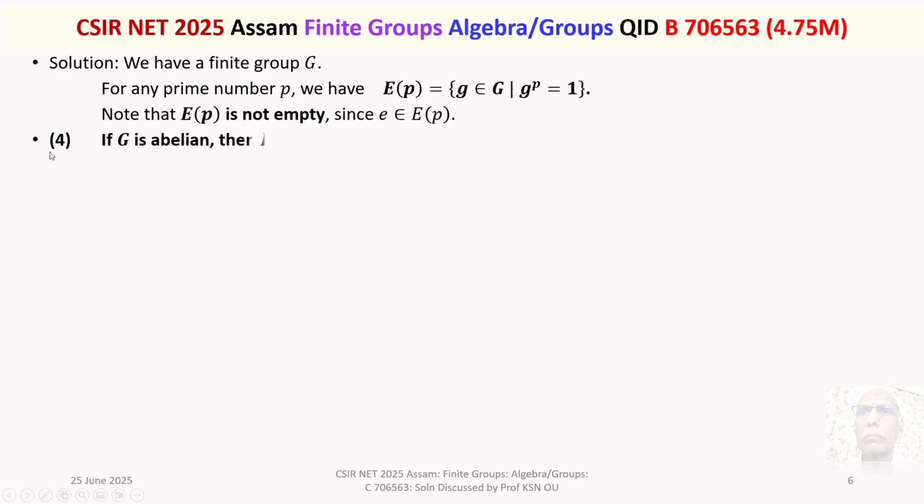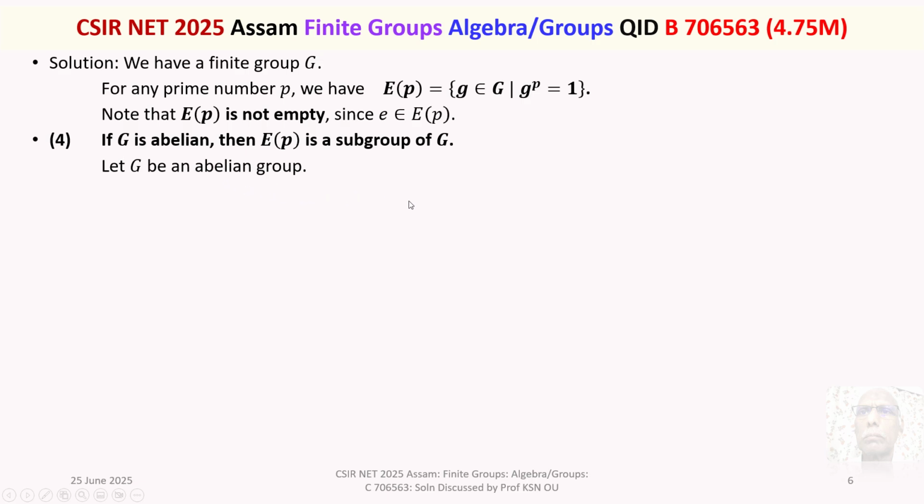We take up option 4. If G is abelian, then E of P is a subgroup of G. We believe that it is true. Let G be an abelian group. Abelian group means it is a commutative group. That is, the operation that is present in G is commutative.